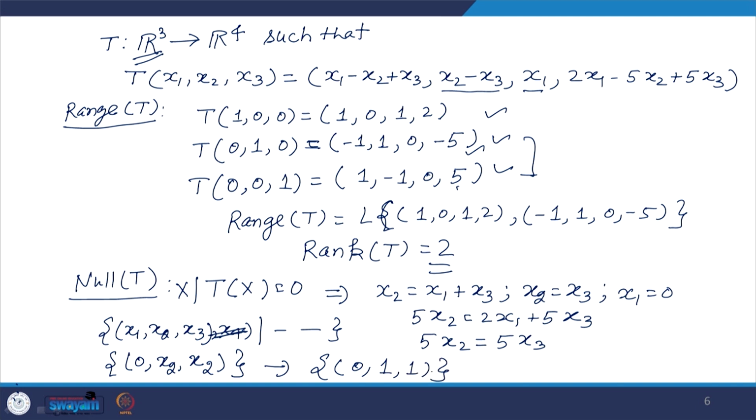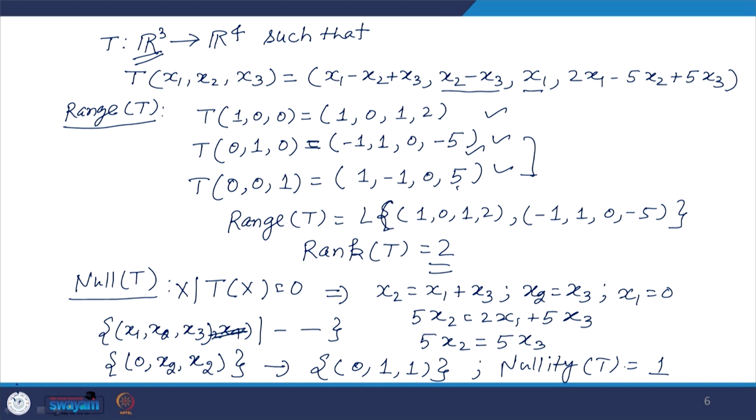So, the null space of T is spanned by the vector (0, 1, 1). Hence, the nullity of T equals 1, because we have only one vector in the basis of the null space of T.